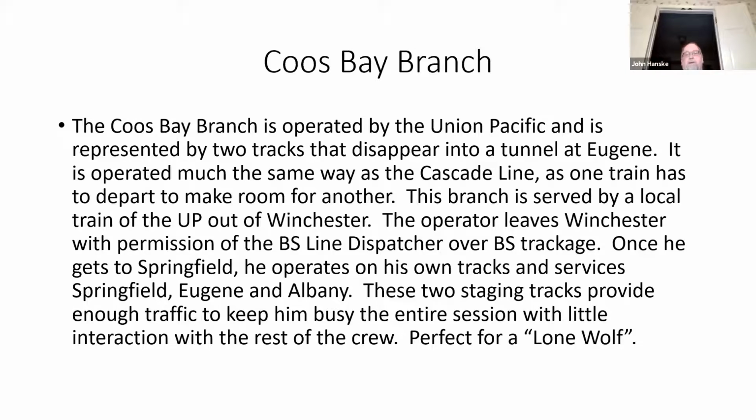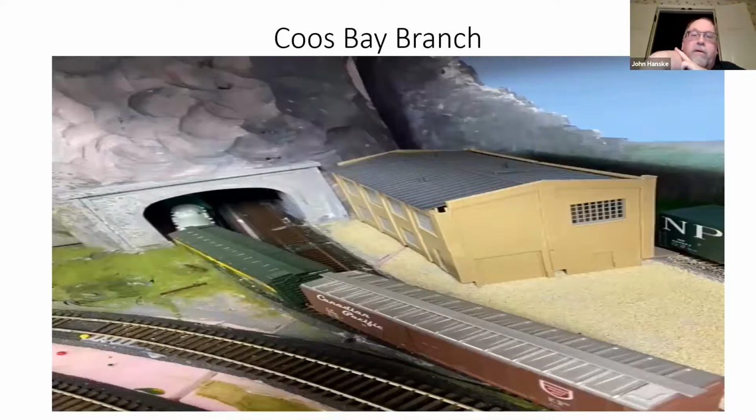There is one train that they run. It's called the PUP, which is the Portland Union Pacific train. And there was some nomenclature like that in the real world. It was never officially the PUP, but a bunch of the railroaders there would call it a PUP, and it was a transfer. But the Coos Bay branch right there that is being shown is nice and simple, goes into a tunnel.